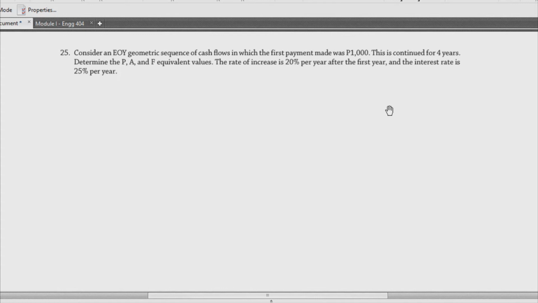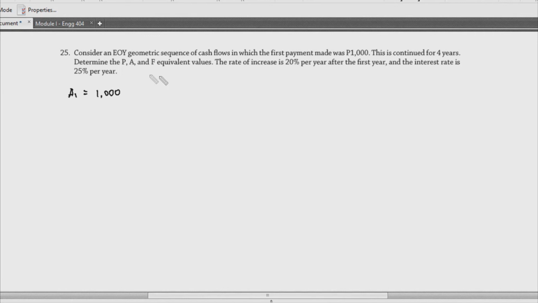Now we have to make sure we label all the needed variables here. Labeling these values, we have A sub 1, which is our first payment. A sub 1 is equal to 1,000. And then what are our rates?